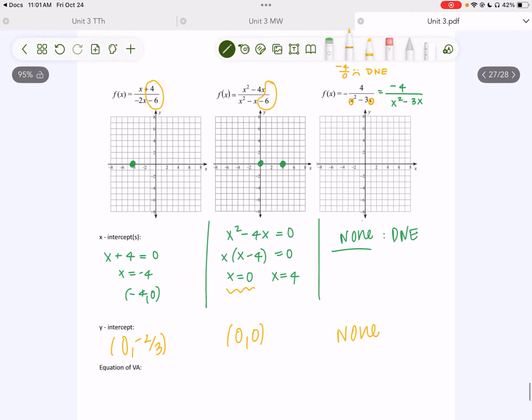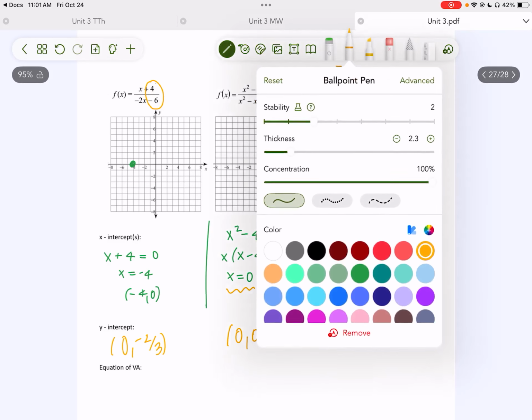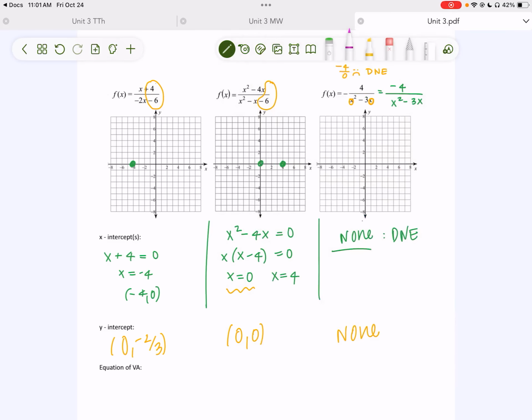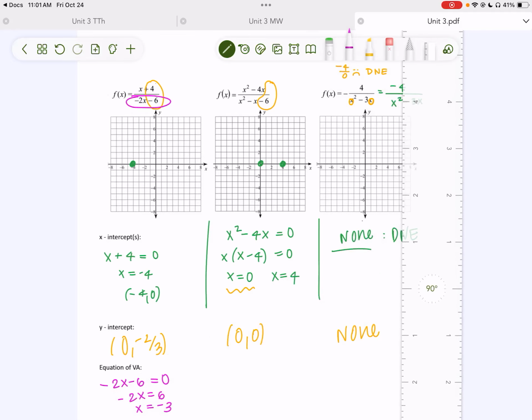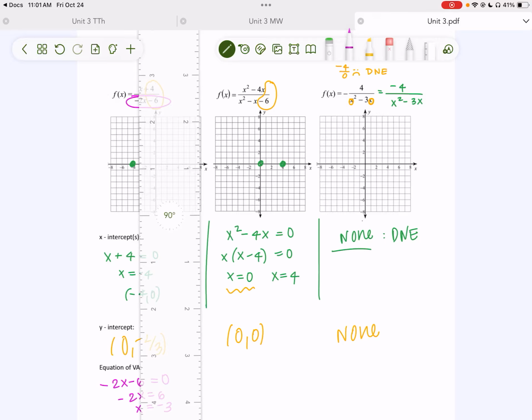Okay, vertical asymptote. We can set the denominator equal to 0 and solve. Looks like it's going to be at -3. So let's do a dashed line there.